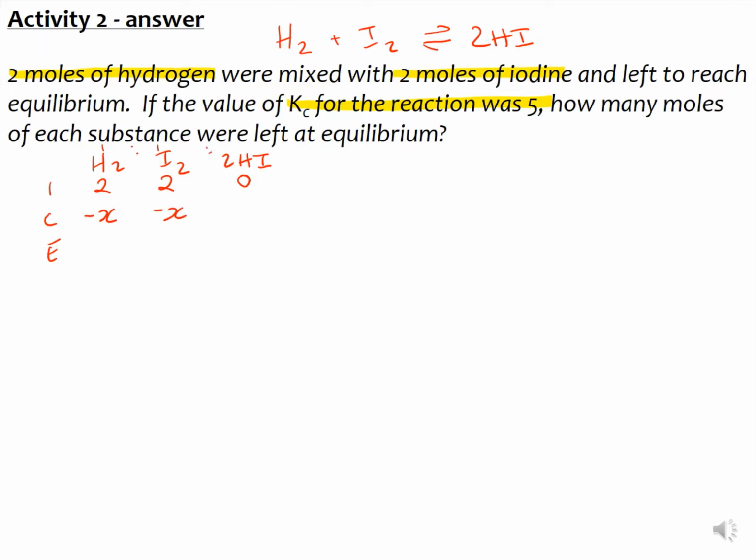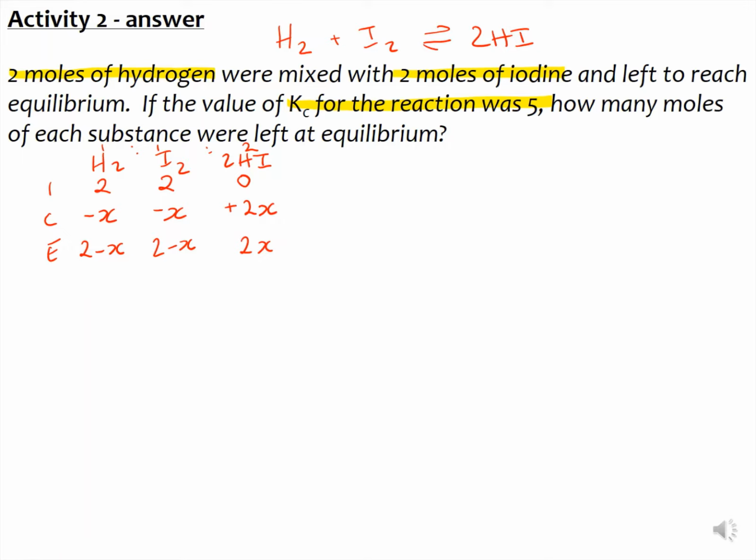Now it is a 2-to-1 ratio between HI and H2, so if H2 has gone down by minus x, HI has to go up by 2x, because minus x plus 2x is the 1-to-1-to-2 ratio that we have in our balanced chemical equation. So at equilibrium, we'd have 2 minus x moles of H2, 2 minus x moles of I2, and 2x moles of HI.